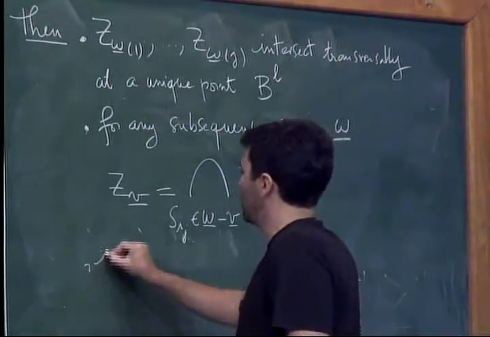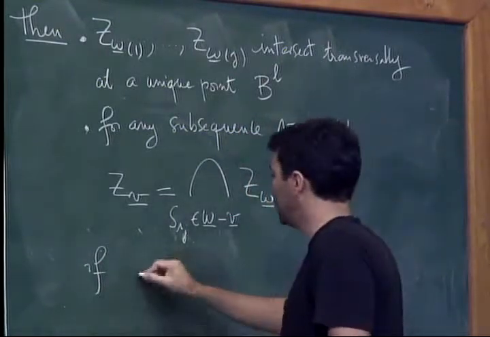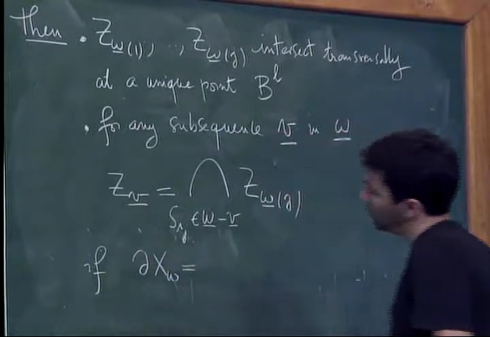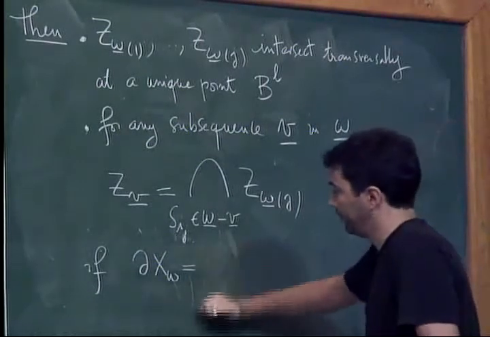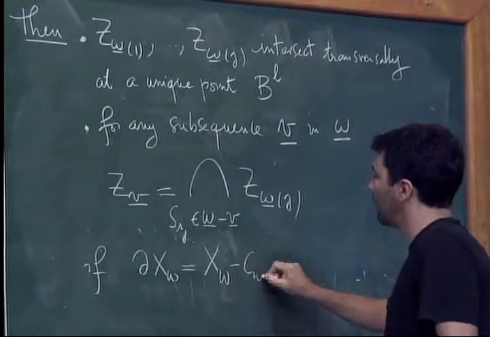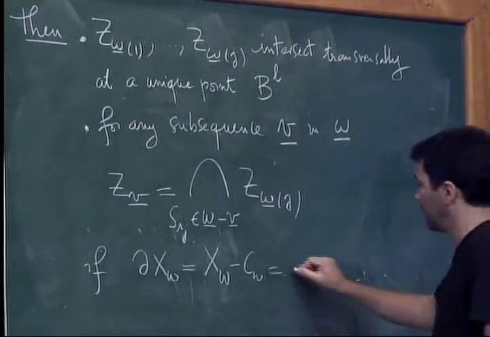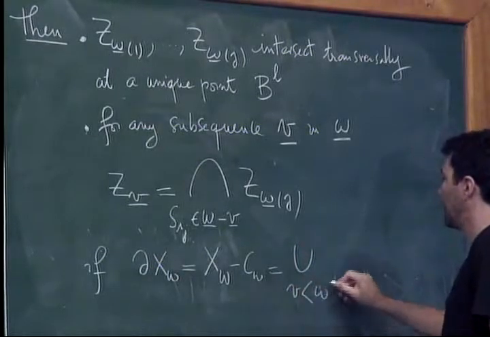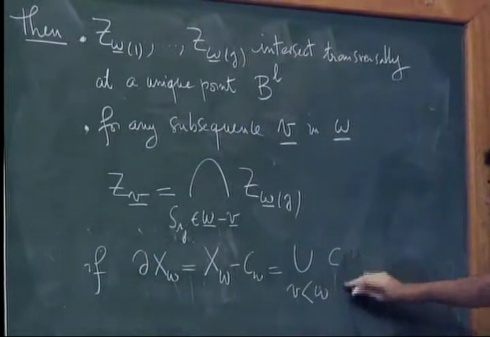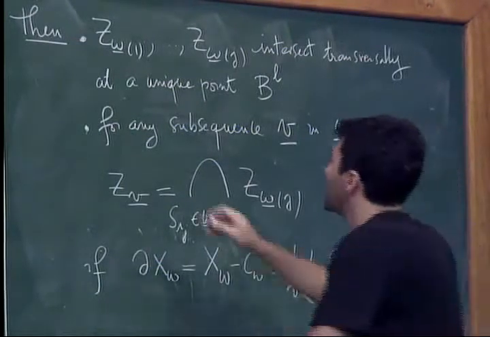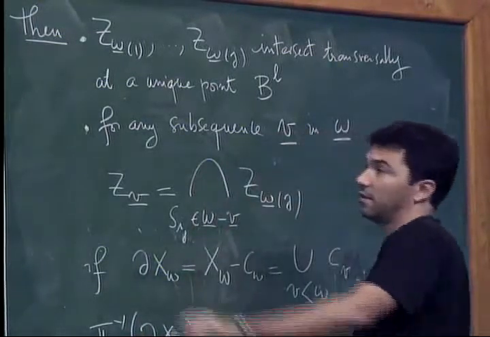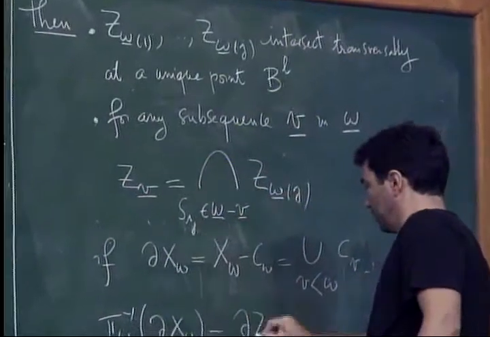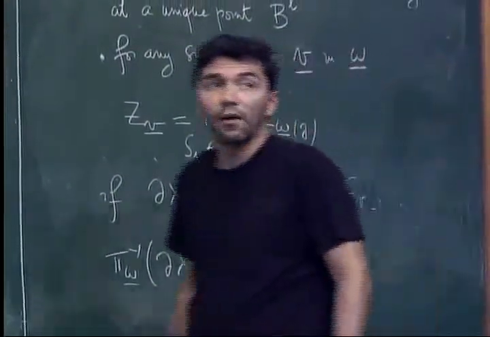And if you define the boundary of the Schubert variety to be exactly the union, first the complement of the Bruhat cell, so the union for V less than omega of CV, then you can check that the inverse image of the boundary of the Bruhat cell is exactly, this follows more or less from point 4, the boundary of Z omega.